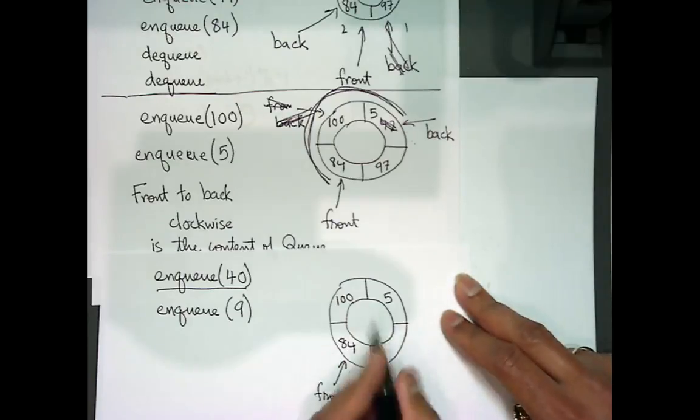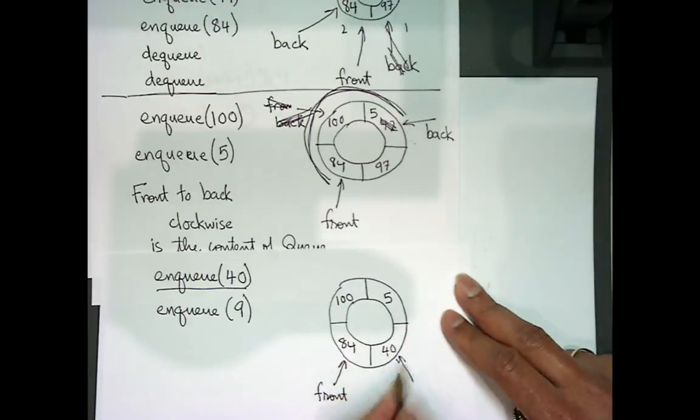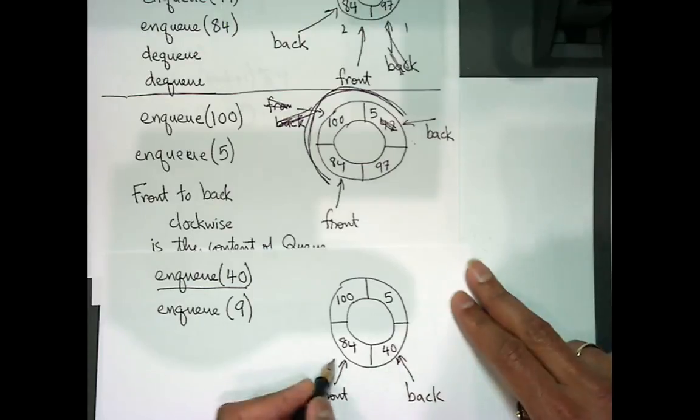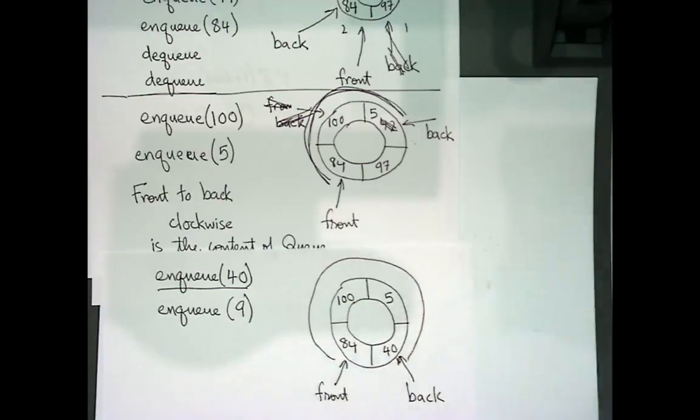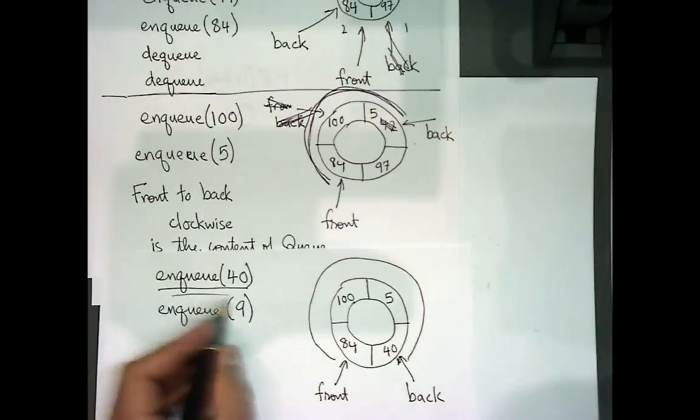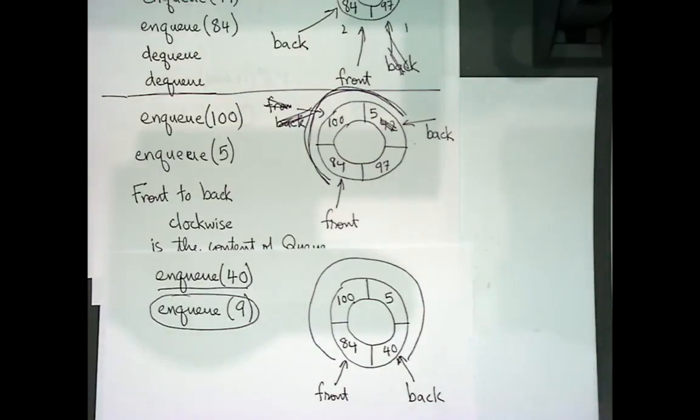And so when you NQ 40, 40 goes here, and this is back. Right? So the queue, remember, is from front to back clockwise. At this point, what should happen when you do an NQ 9? There should only be one element in the queue, and that would be 9.